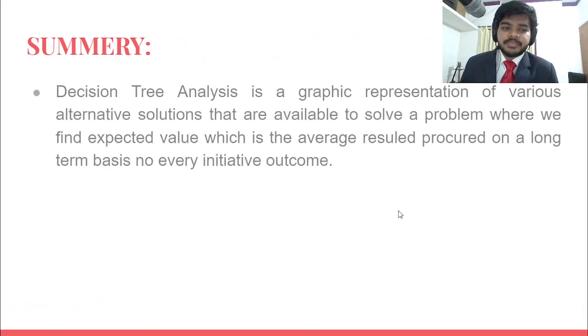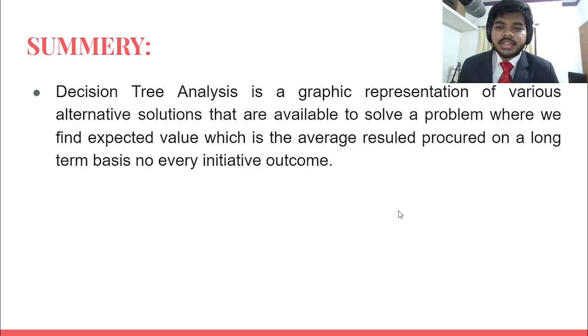So let's summarize what we learned today. A decision tree is a graphical representation of various alternative solutions that are available to solve the problem. We are trying to find the expected value, which is the average result procured on a long-term basis, not every iterative outcome.